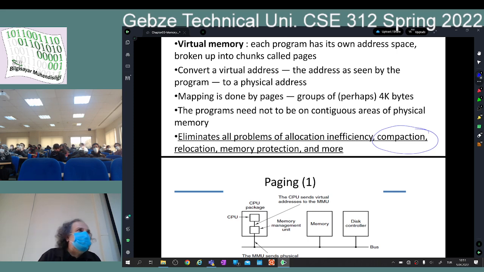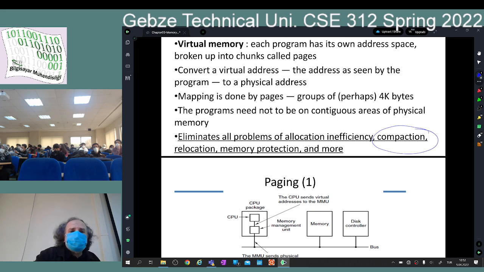But in this case, my program doesn't need contiguously allocated memory in my physical memory. They think that they have contiguous memory in the virtual world, and they are fine with that. So no compaction is needed, no relocation is needed, and it is very efficient because it doesn't need any static relocation, dynamic relocation, those kinds of issues.